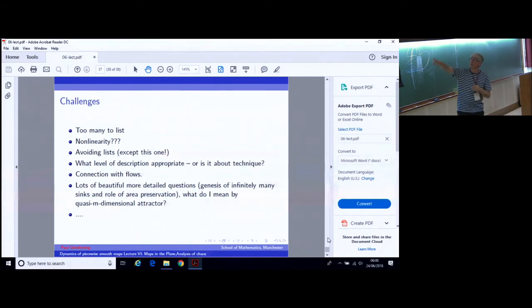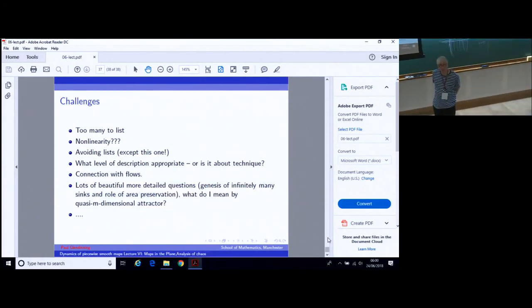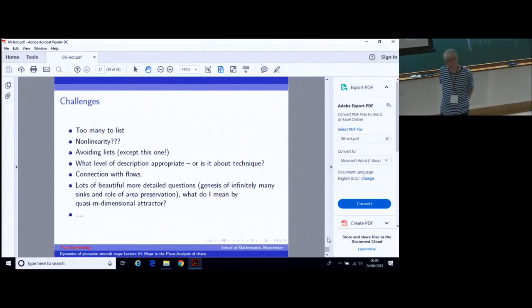Again, avoiding lists, trying to get some principles wherever possible. What level of description is appropriate? What's your problem? Depending on your problem, your answer is going to be different. You don't want to do loads and loads of detail if that's not relevant to the problem that you're looking at. So trying to work out what question you want to ask of the system is important.